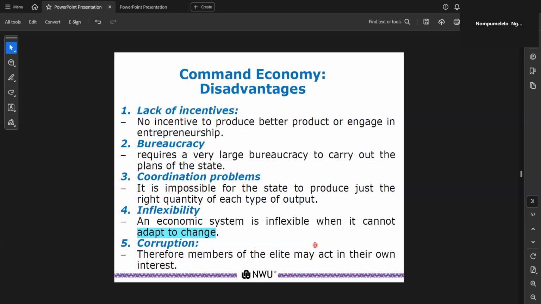Inflexibility: it is very difficult for this economy to adapt to change. Corruption: there's corruption. Most of the time, everything that involves the government always has corruption. So I think you can remember these disadvantages. Just think of the government and what is happening, and you'll be able to remember the disadvantages.